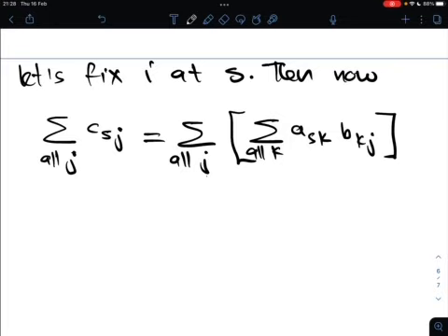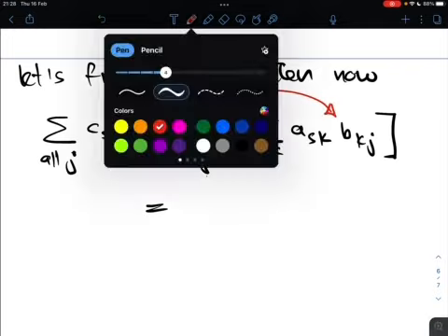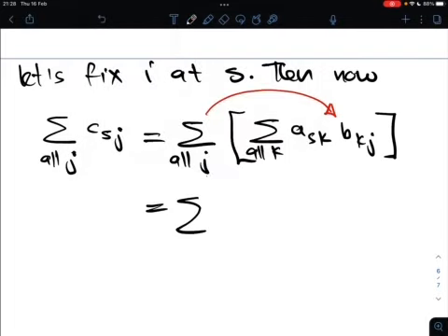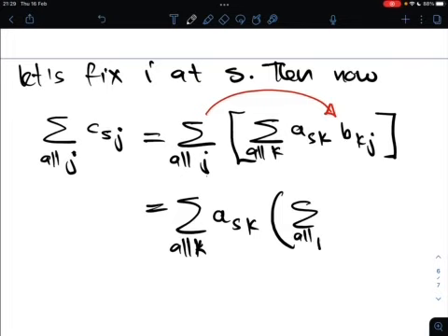But the outside sigma notation will only affect the term that has that j variable. So I can take this sigma and send it directly to sit next to B because it's only affecting that term. You see that? So since it only affects that term, I will have here sigma over all k sitting and waiting, and A_sk will sit next to it. Then this sigma j will come here, and we have sigma over all j of B_kj, like that.